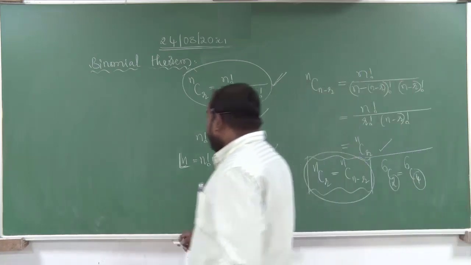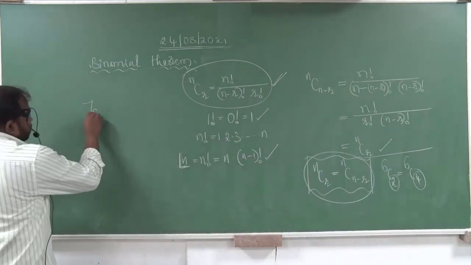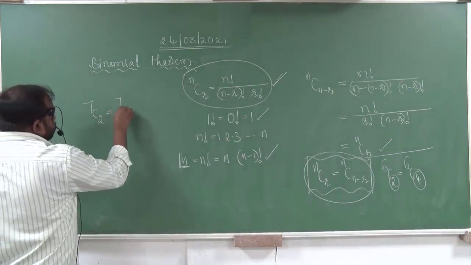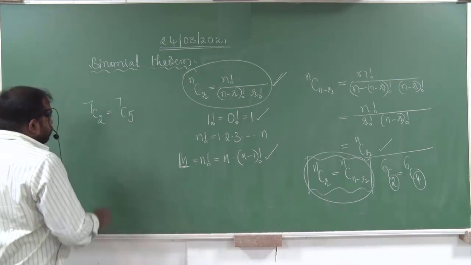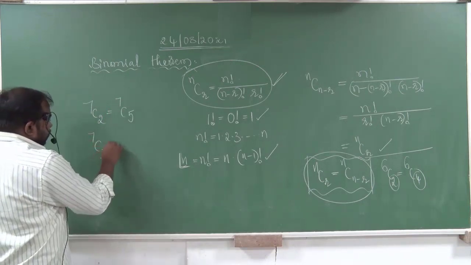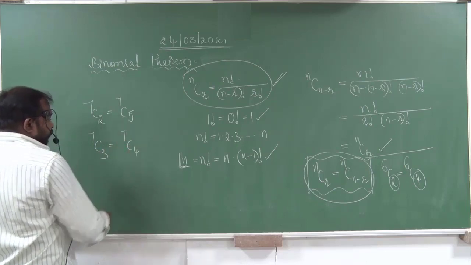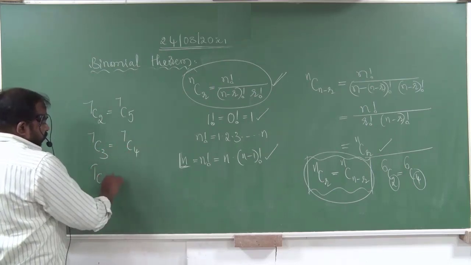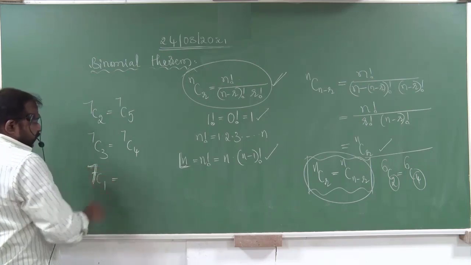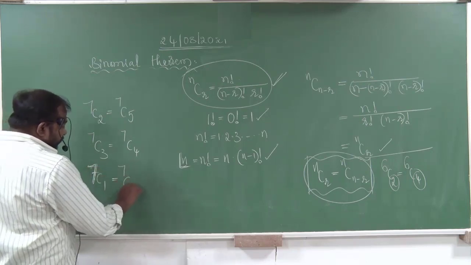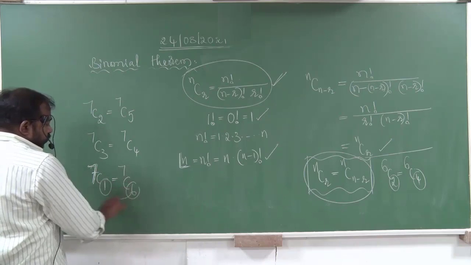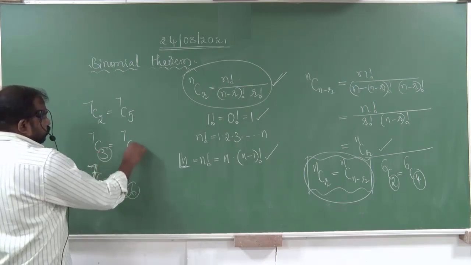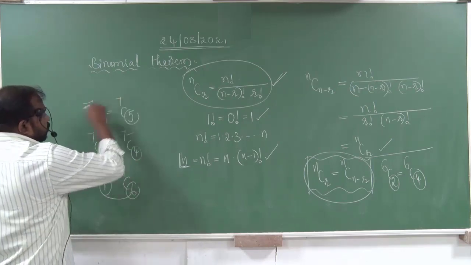Basing on this, for example, 7C2 is equal to 7C5, 7C3 is equal to 7C4, and 7C1 is equal to 7C6. If you add these two, 7 will come, every time.